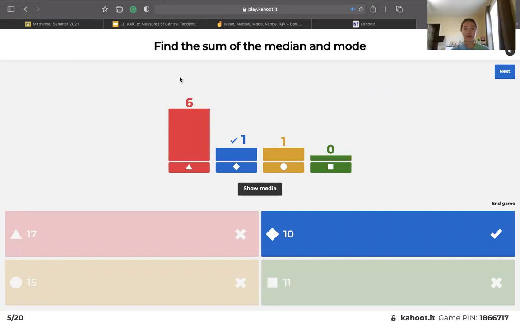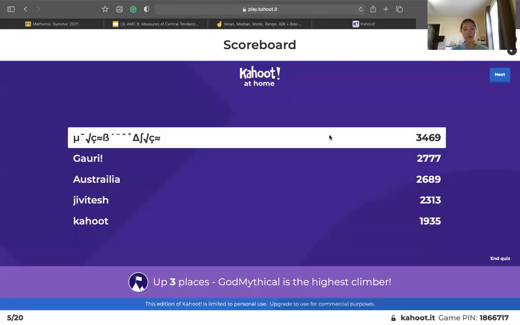So the answer is actually 10. So basically, if you didn't realize, the data set wasn't in order. So you first had to put it in order, and the median was 7, and the mode was 3. So yeah, that's okay.